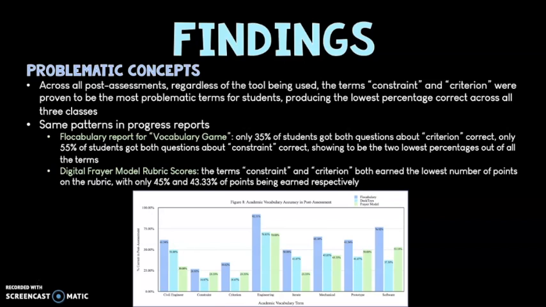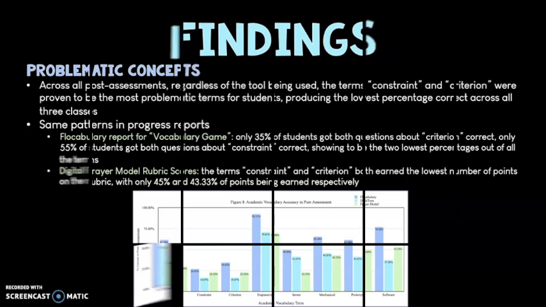On the Flocabulary vocabulary game report, the two most missed questions related to these two terms. Additionally, when looking at the rubric scores for the digital Frere model, only about 45% of total possible points were earned for both of these terms. This data shows that these two terms are areas that all students need extra support with, regardless of the tool that they used in their class.